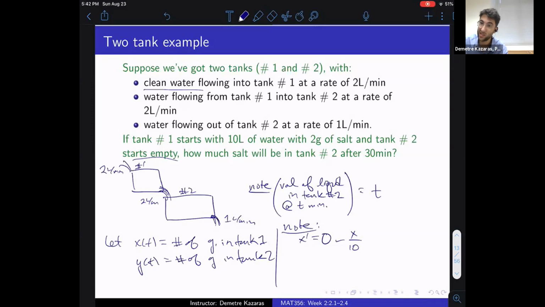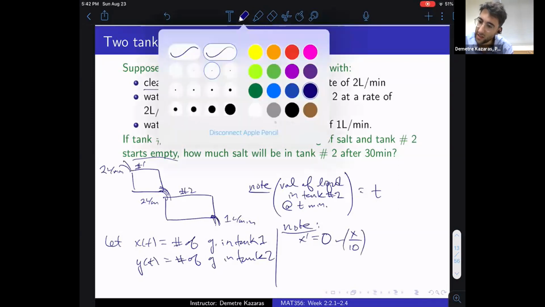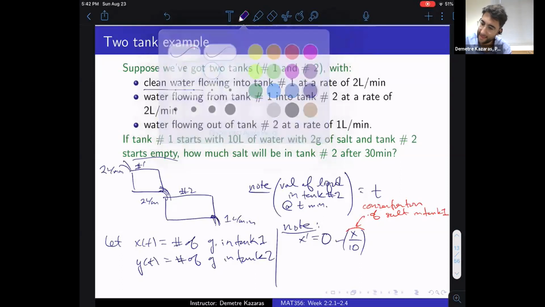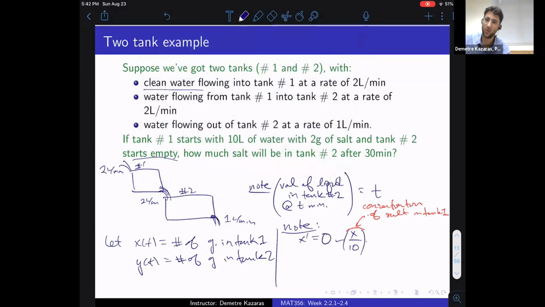Let me make a little note just to be extra clear. This quantity here is the concentration of salt in tank 1. And then what do we need to multiply that by to get the amount that is leaving?